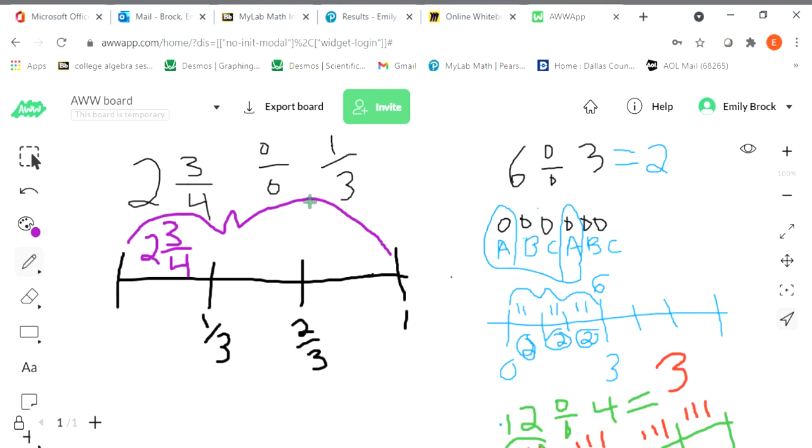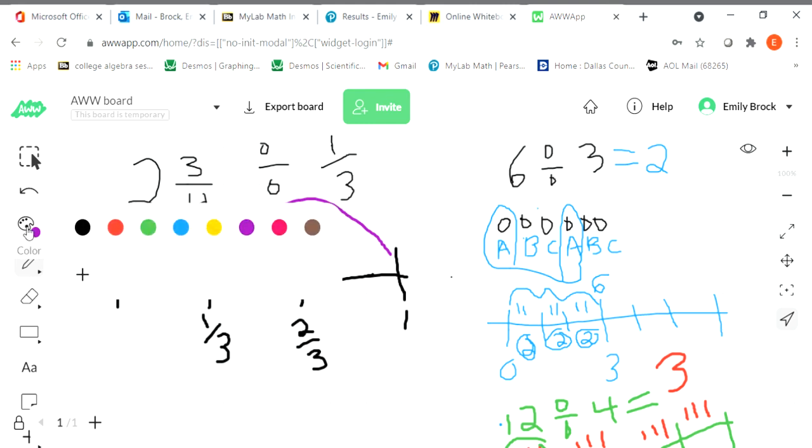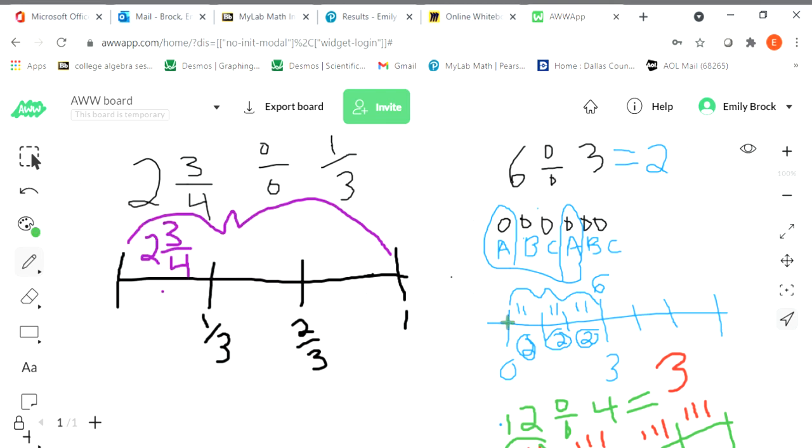So 2 3/4 goes to 1/3. Well, if 1/3 gets 2 3/4, how much will the others get? I think, to be fair, they should get the same amount. To divide, just like before, everybody gets the same amount.